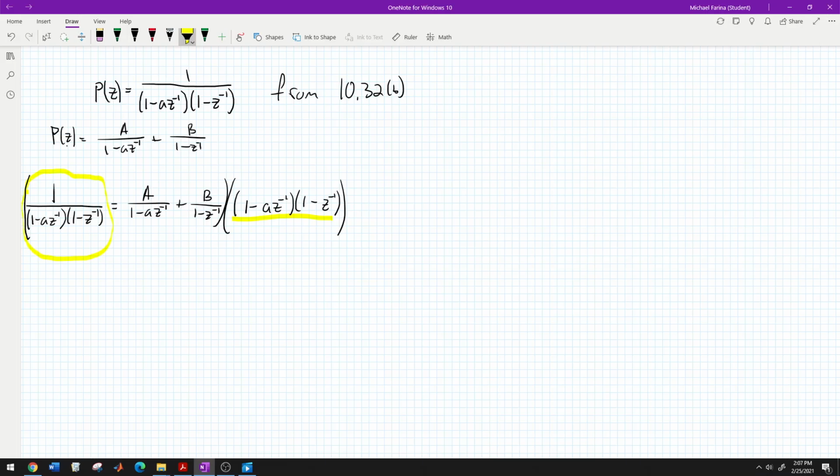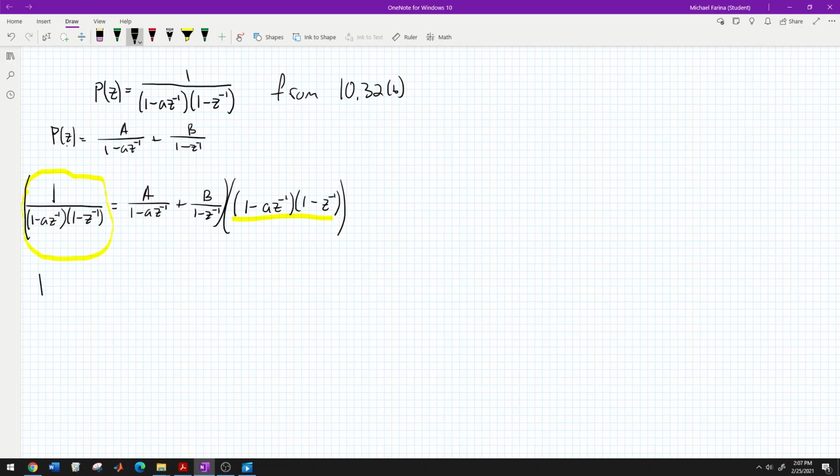So that means I'm going to have 1 minus AZ inverse times 1 minus Z inverse over 1 minus AZ inverse times 1 minus Z inverse. So that's all going to equal 1.